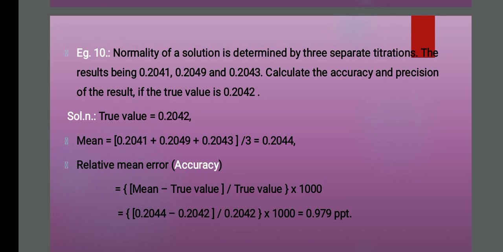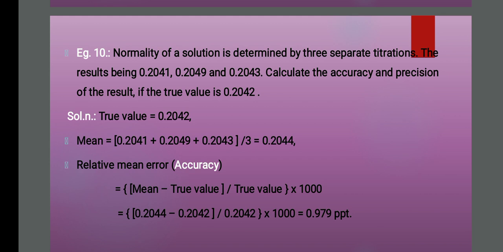Our mean value is 0.2044, and our true value given in the problem is 0.2042. So (0.2044 minus 0.2042) divided by 0.2042, multiplied by 1000, gives the answer 0.979 ppt, which is parts per 1000.